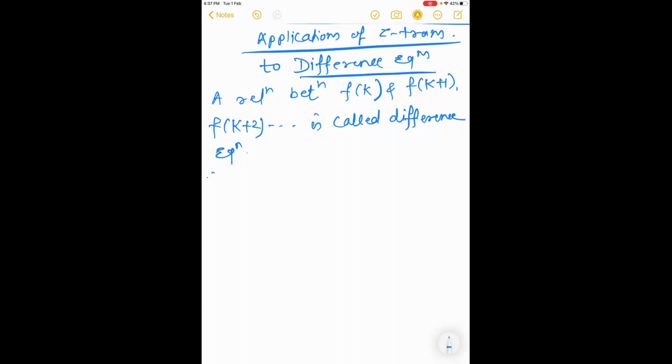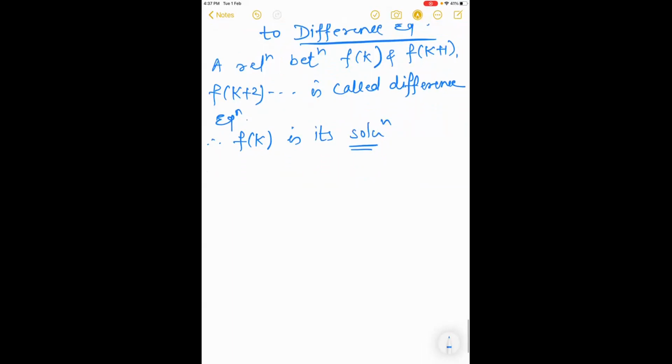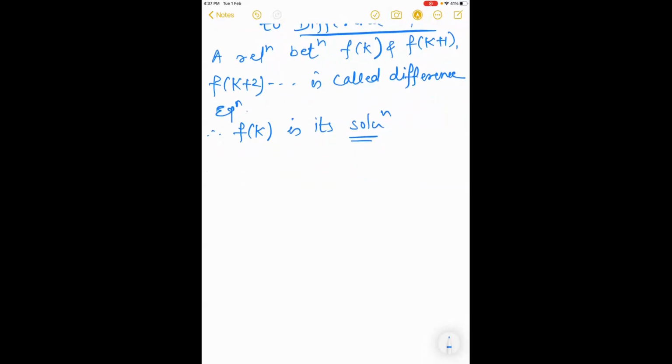Therefore, f of k is its solution. So we have to find the solution for this by using the standard formulae in this particular form also. So you can write down useful results for finding the difference equation, that is Z transform of f of k is equal to F(z), that is known to you.